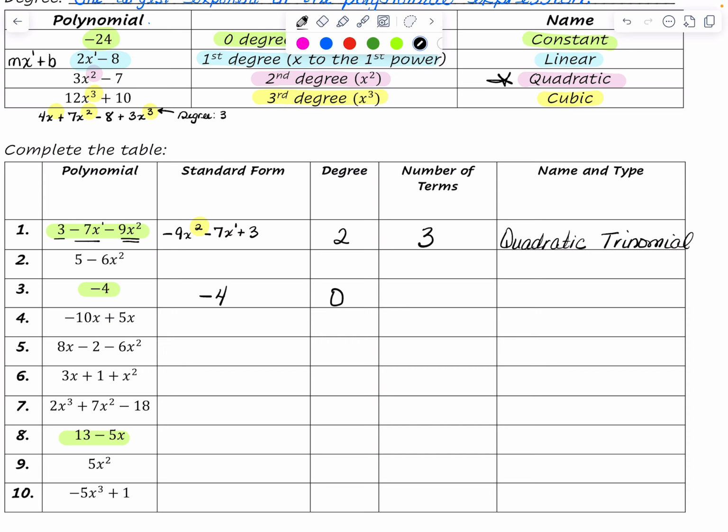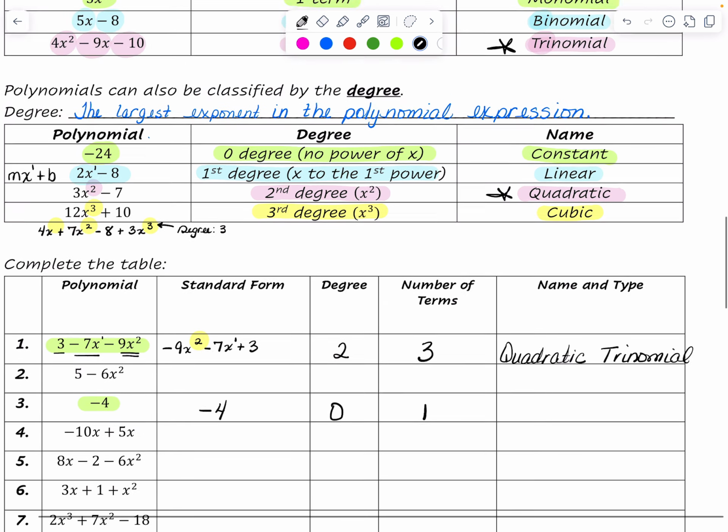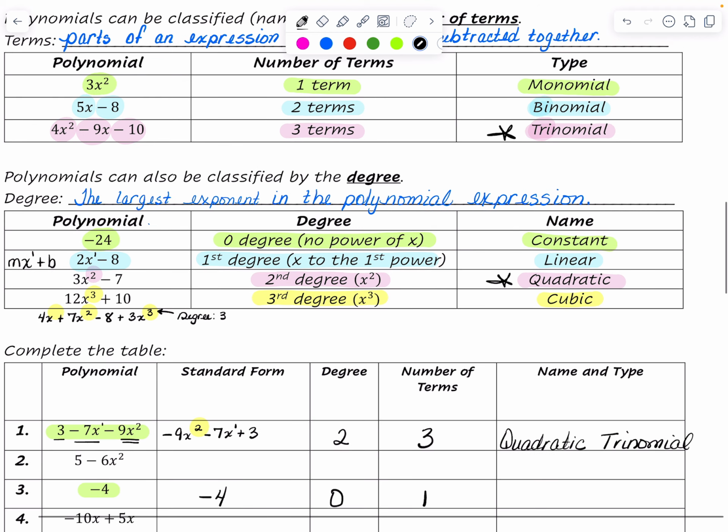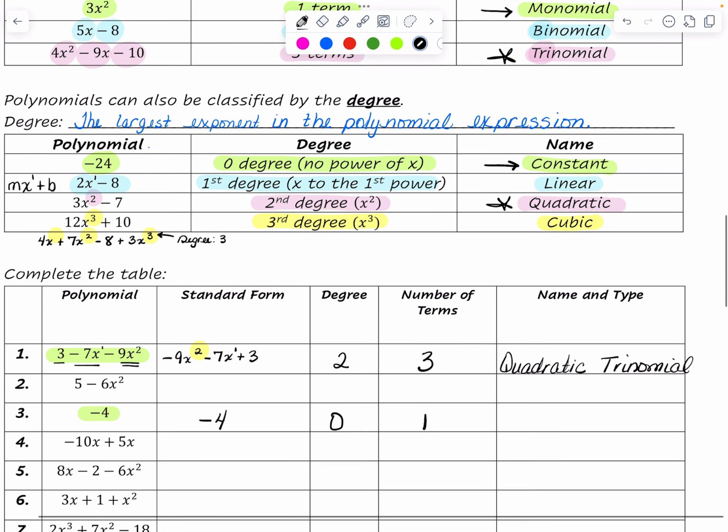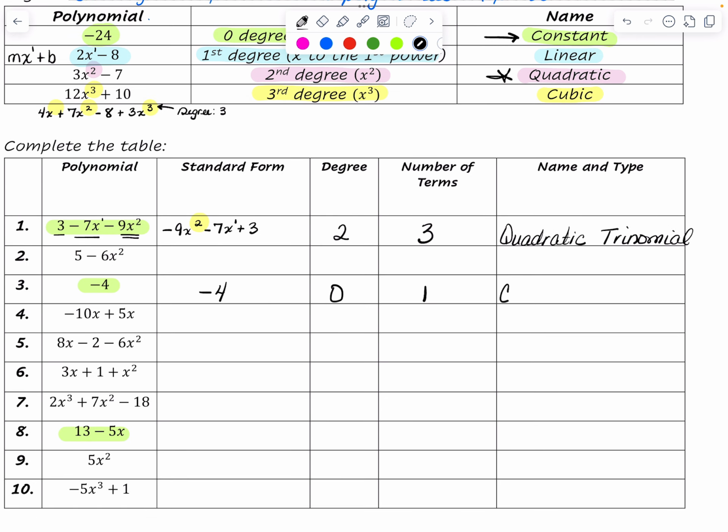The number of terms, it only has one piece in this polynomial, so there's one term. Now, it is negative 4. So with a degree of 0, it's constant. And with one term, it's a monomial. So for this one here, it is a constant monomial.